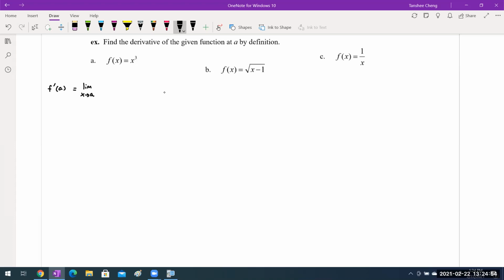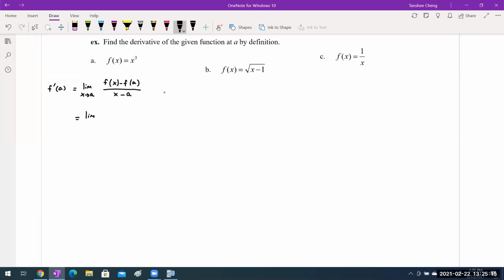Another way of saying it is we want to find the instantaneous rate of change at that point of the function. And this will become f of x minus f of a all over x minus a. So I'm using the first formula.